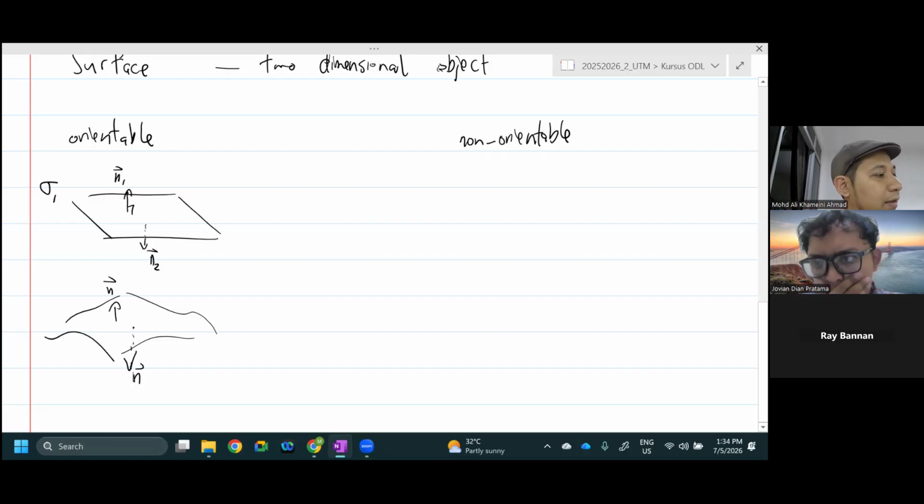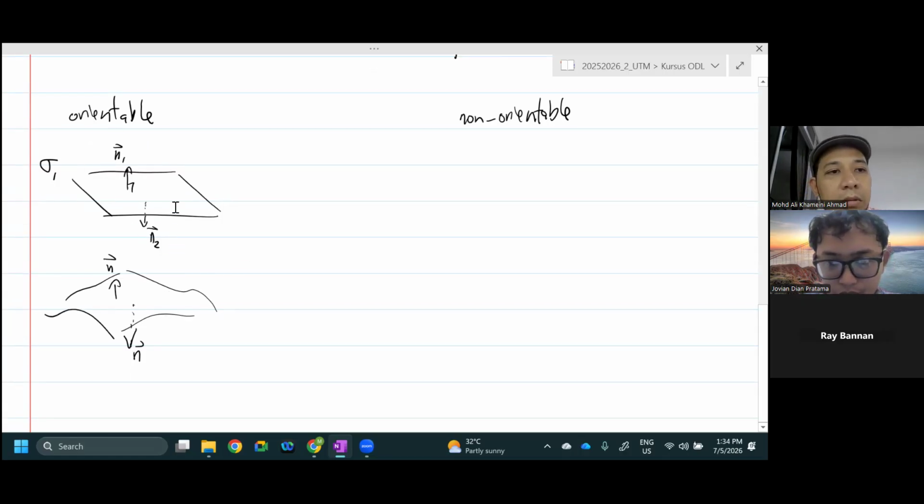Another is what we call an open surface, because you have a boundary there. If you walk there and want to change your orientation, your direction, first your head is going up here, but if you want to go down there, you change the direction.